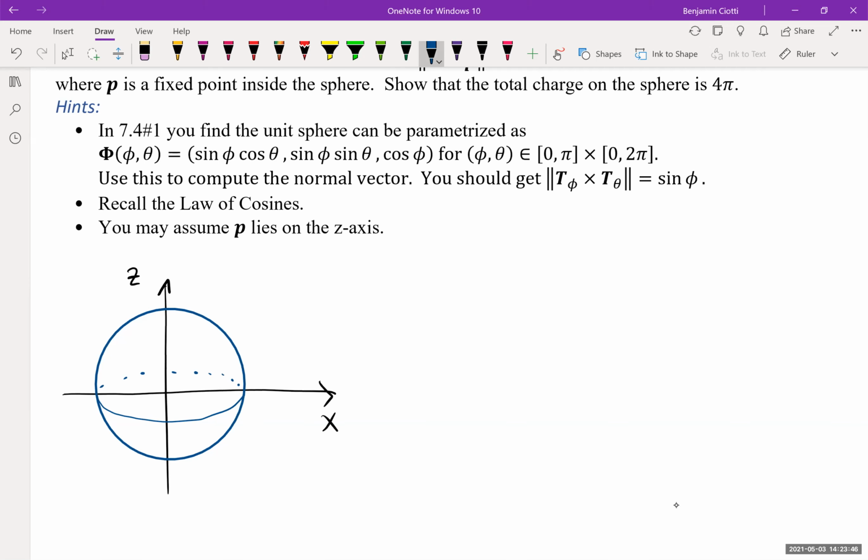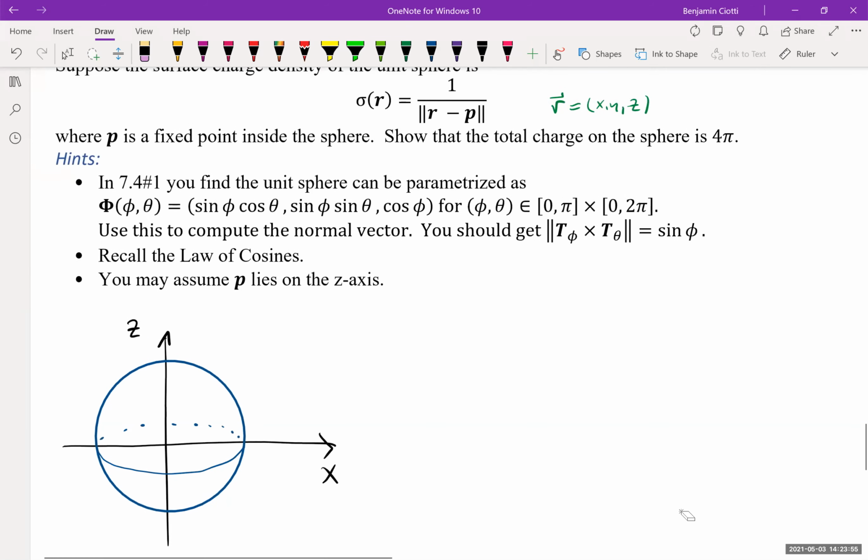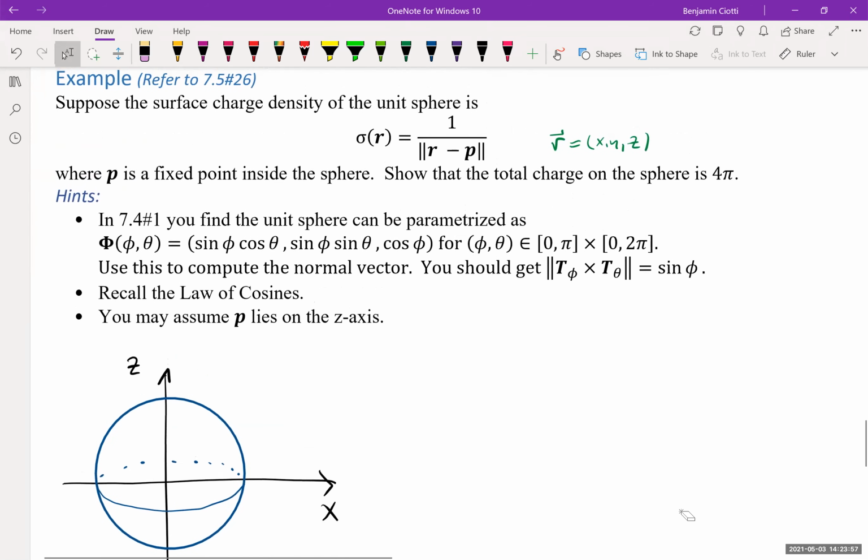I gave a hint for doing this problem, which is to assume that the vector p lies on the z-axis.